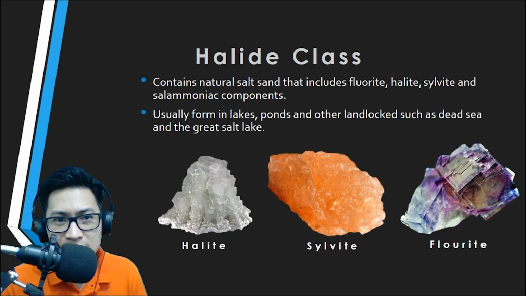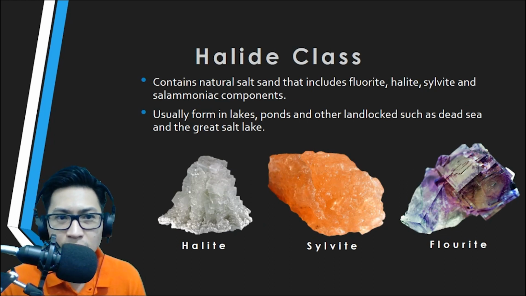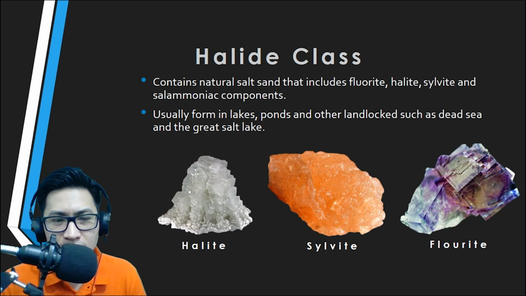The next class is the halide class. It contains natural salt, no? That includes fluorite, halite, sylvite, and salammoniac components. The minerals that make up the halide class include those in which the halogen elements, no, of chlorine, bromine, fluorine, and iodine are combined with one or more metals. Okay?